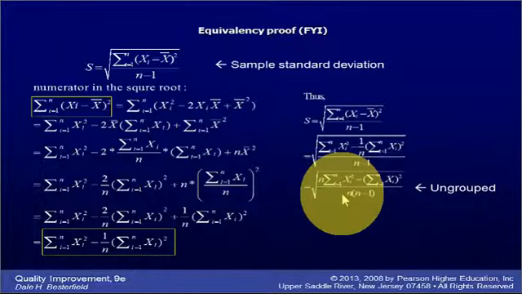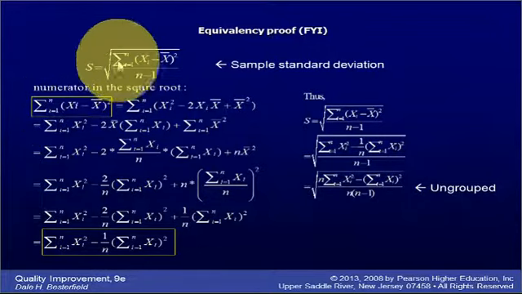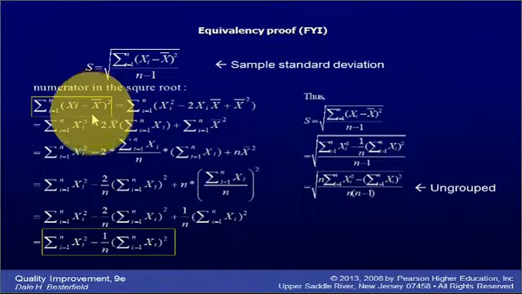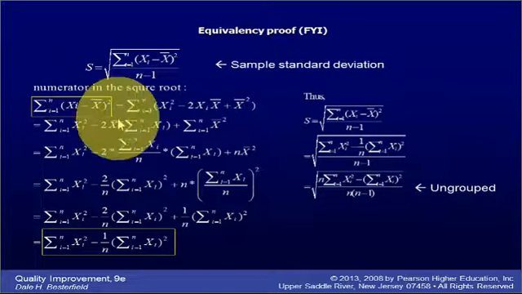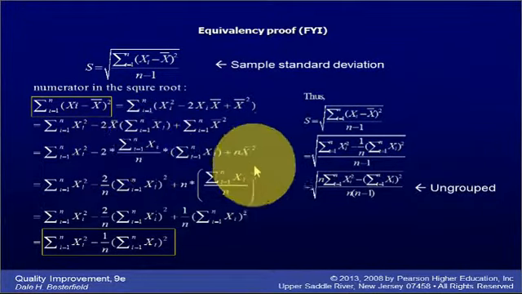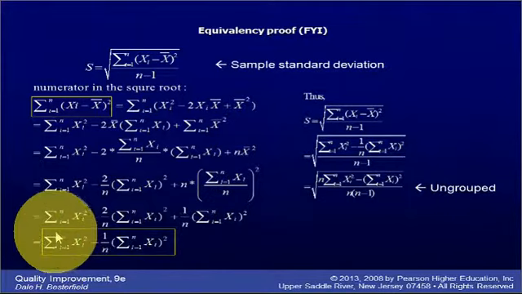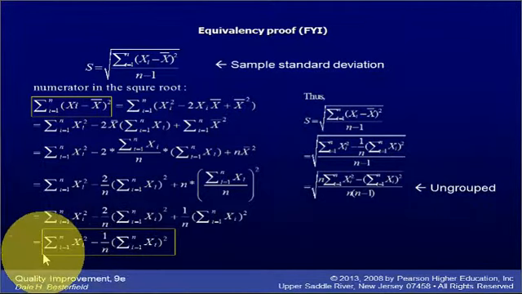So the most important technique that we use here is to process the numerator in the square root, this part. So we replace the x bar by the sum of xi's divided by n. See? We replace the x bars by xi's, and therefore we can find some equivalent form just written in xi's, just written in the data points.